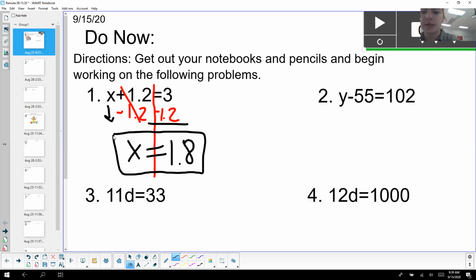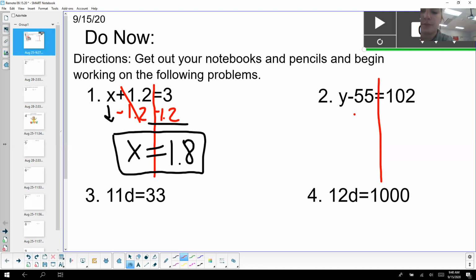All right, over here on number 2, I'm going to draw my wall. I've got y minus 55 equals 102. So something minus 55 equals 102. I know I need to get y isolated all by itself. So I can use the opposite of subtraction to get rid of that 55.